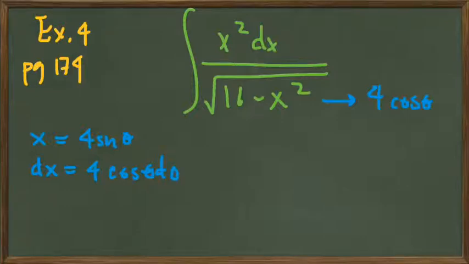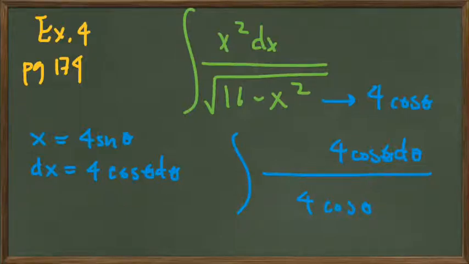So that takes care of the dx and of the denominator, but we've also got this x squared from the numerator, so x squared would be 4 sine squared theta.